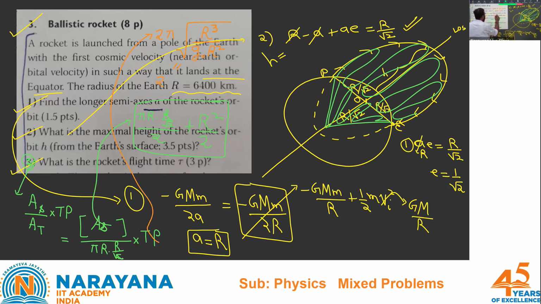It should be 2 pi root of r by g naught. 2 pi root of r by g naught, that directly can be used here for the elliptical orbit also. It is root of a cube upon GM term there, but it has been proved in this problem that a term is nearly equal to r. So some direct results I have used, then it is a simple problem, right?